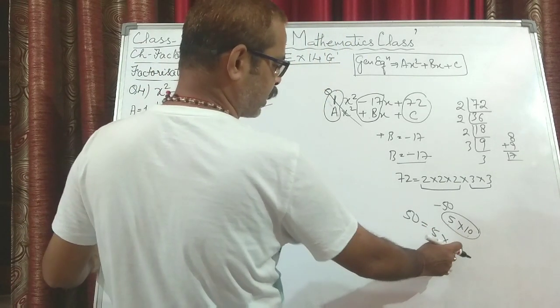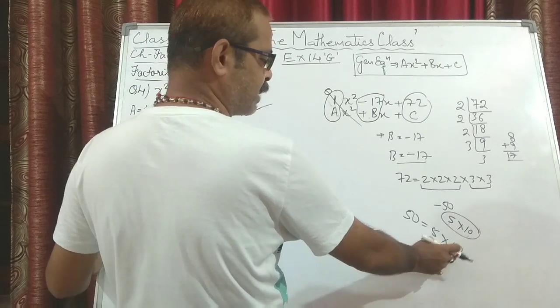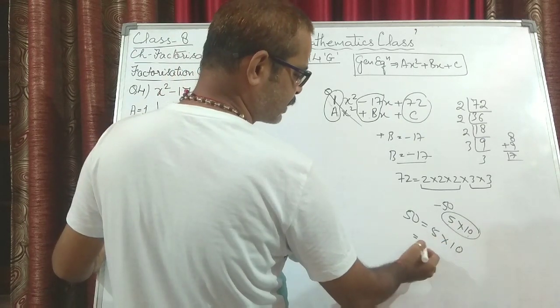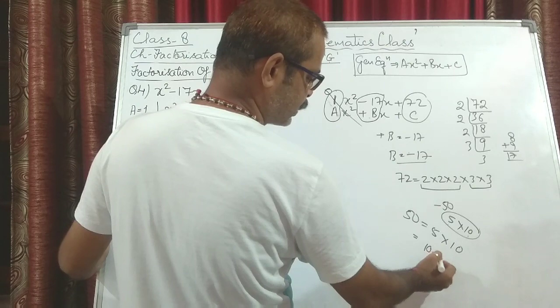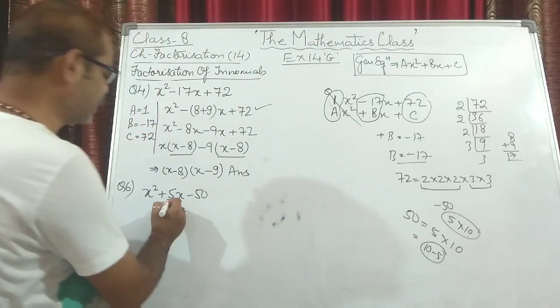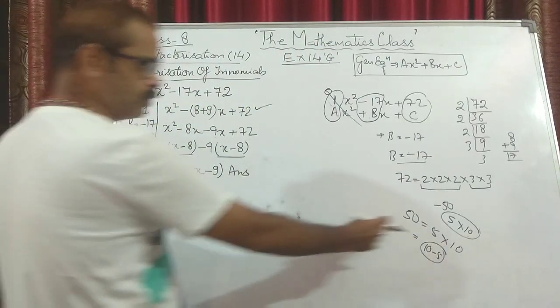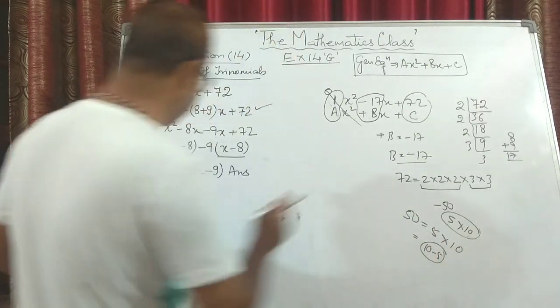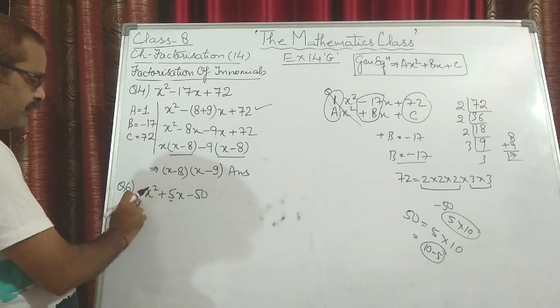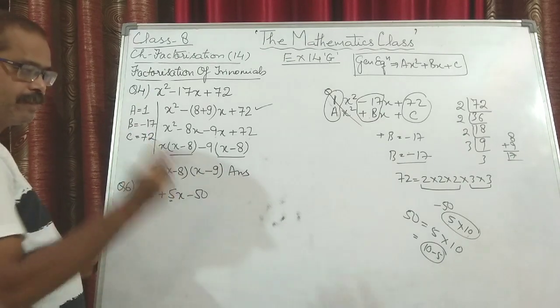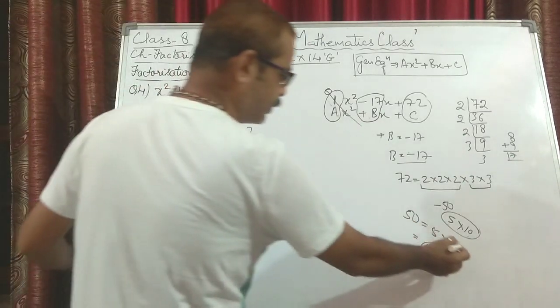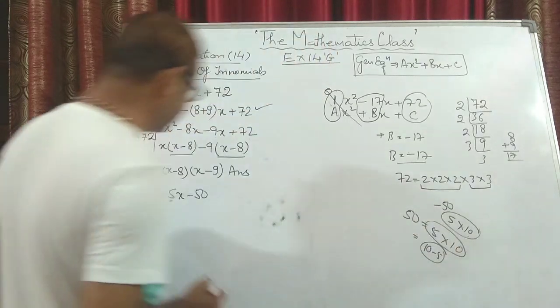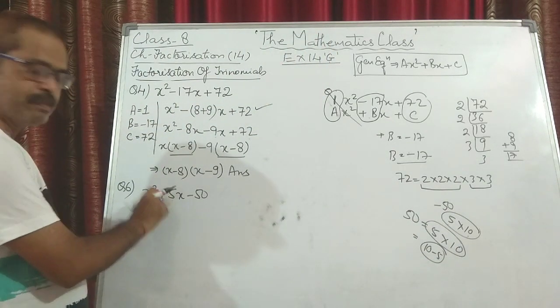This also can be written as 2 into 5, but I am getting my answer from this only. And if I say 10 minus 5, we are getting the middle term. We need 5. And we know that 10 minus 5 is 5 and 10 into 5 is 50. It means the product of a and c, when factorized, the factors are 5 into 10, and when these factors are arranged, we are getting them as middle term.